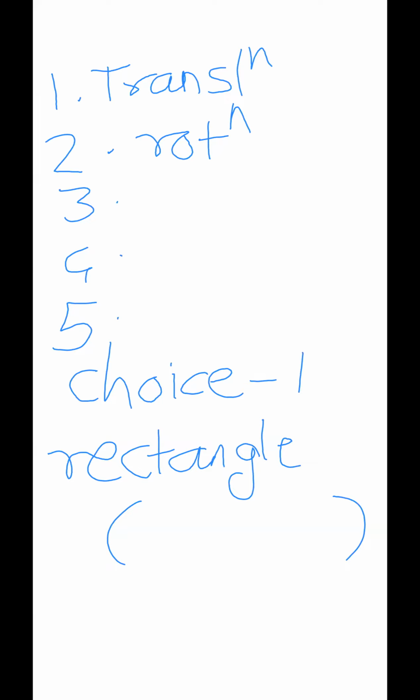Consider this is your rectangle. Which point is considered as left bottom? This particular corner point, or vertex, is called your left bottom point. Consider 10, 10 as your left bottom point.